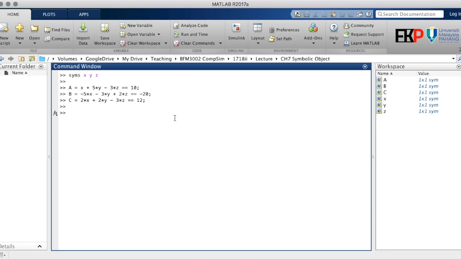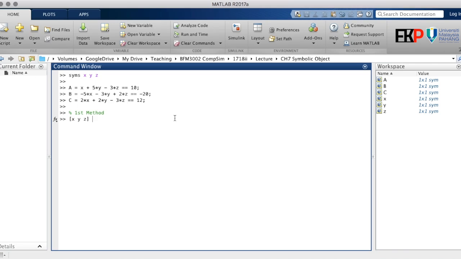So we can solve these simultaneous equations for x, y, and z. There are two methods to solve this. The first method is by typing in within a square bracket x, y, and z.